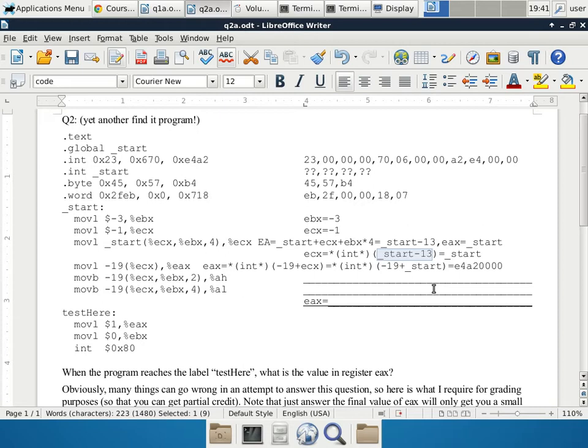But underscore start minus 13 is not what we are putting into EAX or ECX, because that specifies the address from which we are going to copy 4 bytes into the register. When you actually go to that location, this is -1, 2, 3, 4, 5, 6, 7, 8, 9, 10, 11, 12, 13. So we are basically copying these 4 bytes into ECX. And these 4 bytes is underscore start. That's why ECX ends up with the value of underscore start, the label itself.